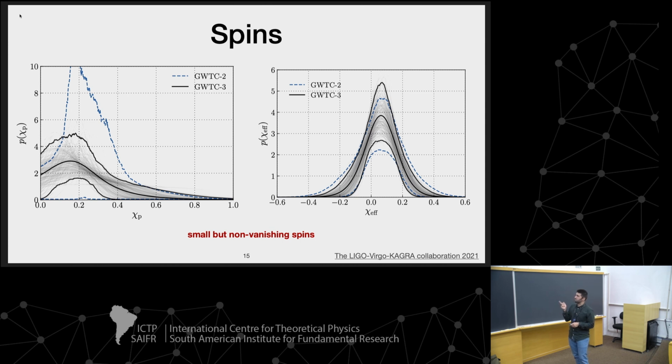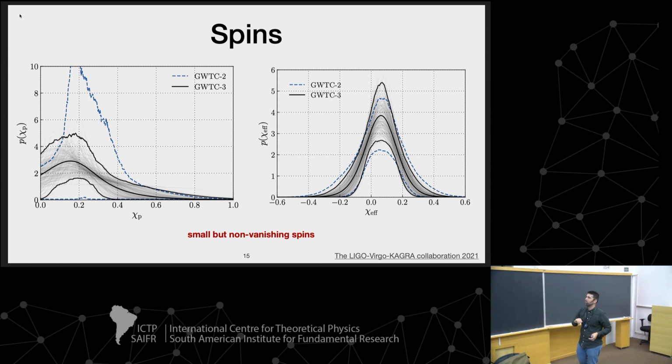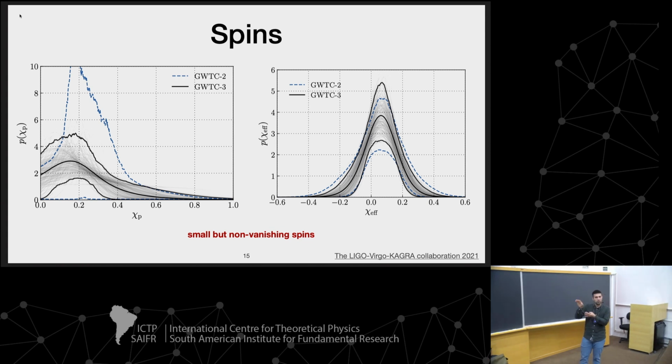So this is the result that you get from gravitational waves. On the left you have chi-p, so that takes into account the component perpendicular to the angular momentum, so the precessing orbit. You see that between the two catalogs, GWTC2 and GWTC3, you are actually constraining the chi-p distribution much better. And the median of the distribution is close to 1, but it's not 0.